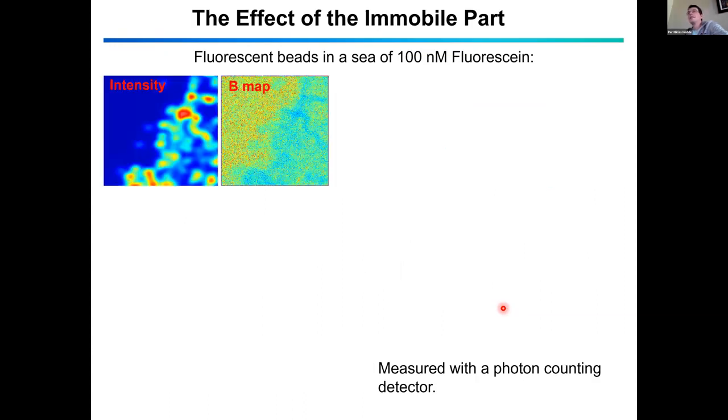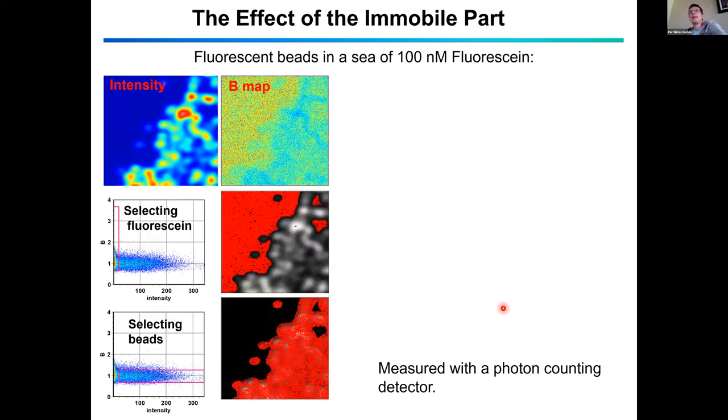Here's an example of fluorescent beads in a sea of 100 nanomolar fluorescein, where the beads represent your immobile fraction and the fluorescein are the molecules that move. You see the intensity map on the top left and the brightness map on the top right. In the histogram, which is the brightness as a function of intensity, different populations were selected.